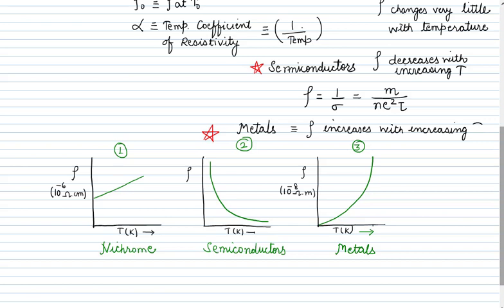It may also be the characteristic of insulators, because for insulators also it decreases with temperature. But we are not considering insulators here because we are talking about current electricity, and insulators are not in the picture now. And third is the metals, and for all the metals the resistivity increases with increasing temperature.